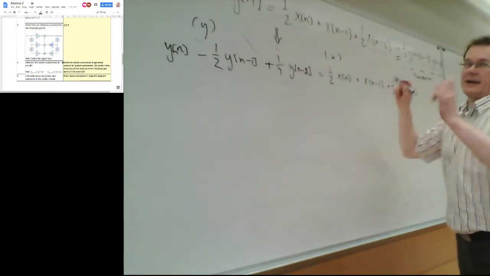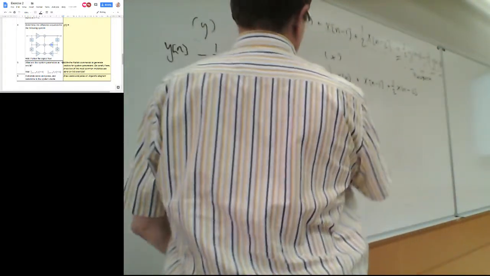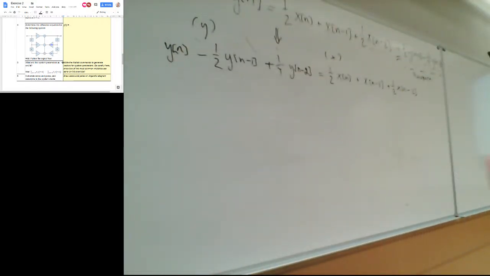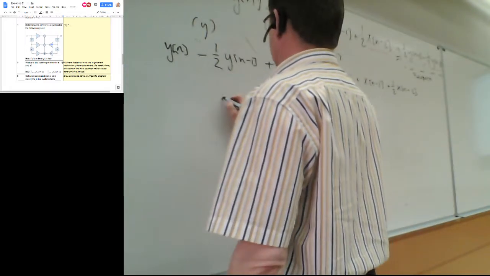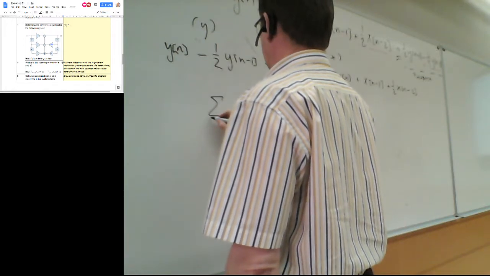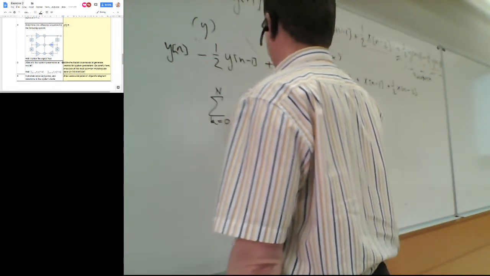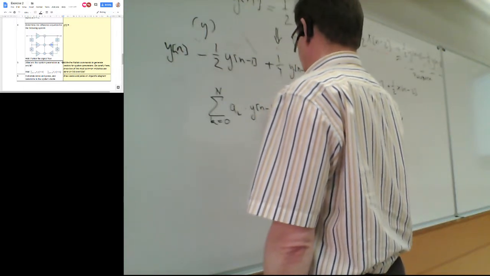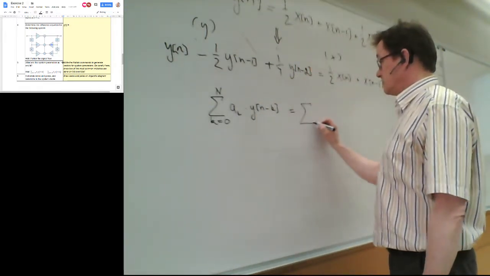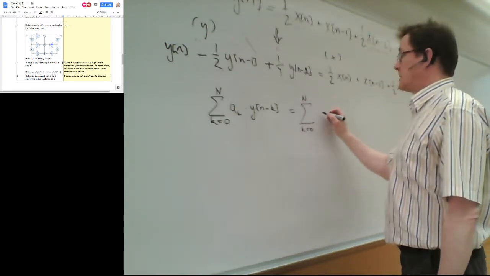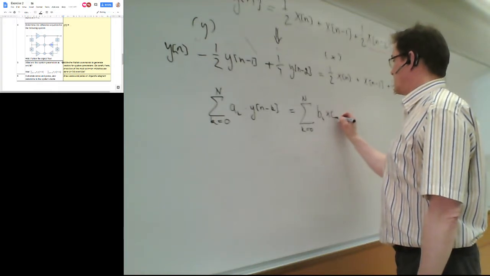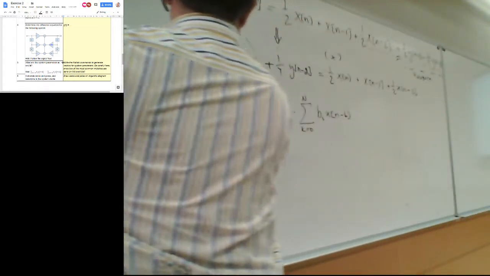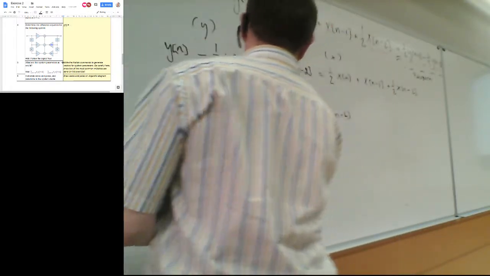and then these values will be just xn plus xn minus 1 plus half of xn minus 2. Okay, now I can actually formulate this in a way that helps you to define the system parameters for MATLAB, saying that, okay, this is the same as the sum for k from 0 to n of a k times y n minus k equals the sum for k from 0 to n of b k x n minus k, meaning the same as, okay, a k.